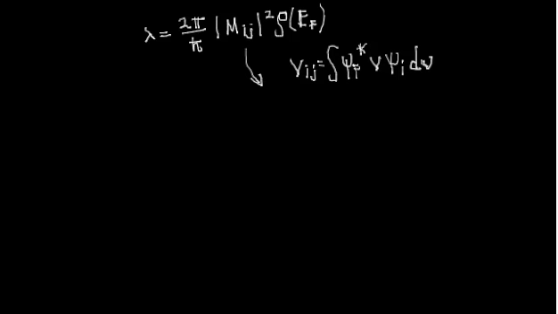The density of states factor determines the shape of the beta energy spectrum.